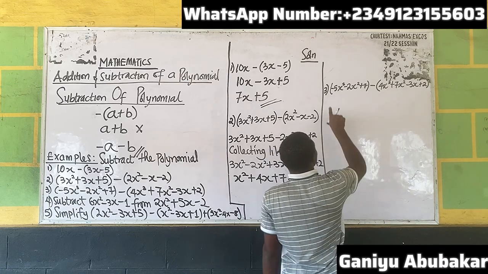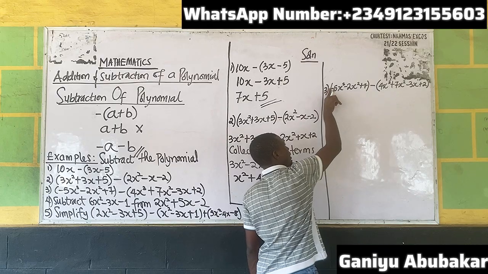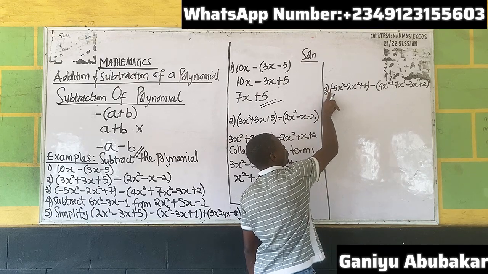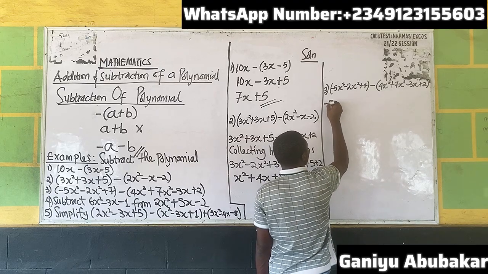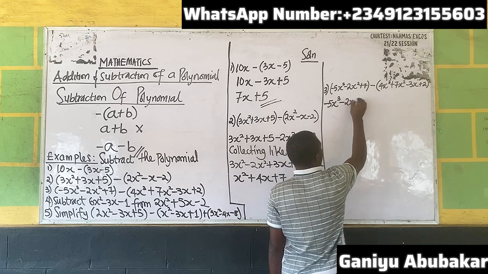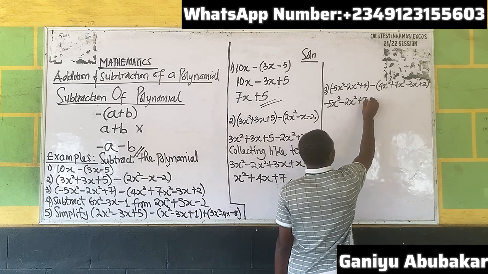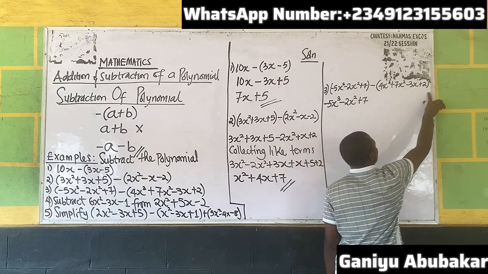We said if the sign in front of the bracket is, you see there's no sign here, so it means it's positive. So when I have positive sign in front of a bracket, just repeat it back. It means I'll have minus 5x cubed and open a bracket minus 2x squared plus 7. But if it's negative sign, starting a bracket, use negative sign to expand through.